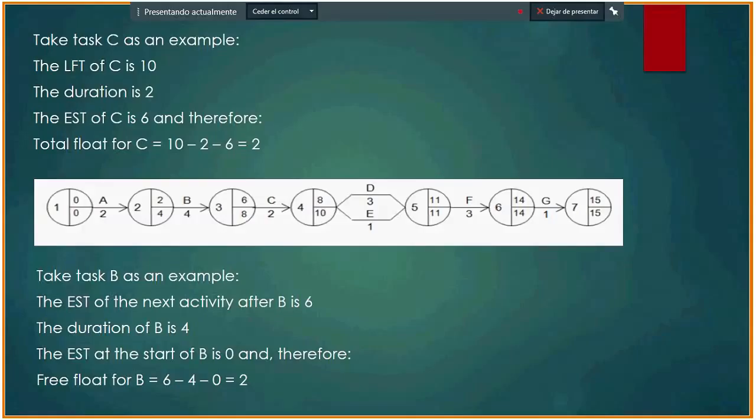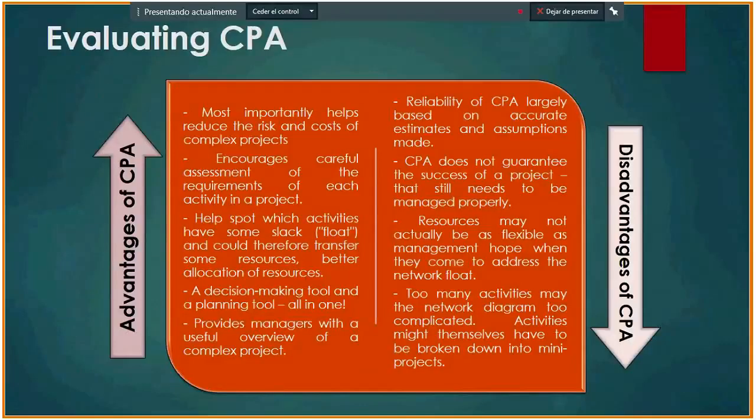Okay, evaluating CPA. What is the advantage of CPA? Most importantly, it helps reduce the risk and cost of complex projects. It encourages a careful assessment of the requirements of each activity in a project.